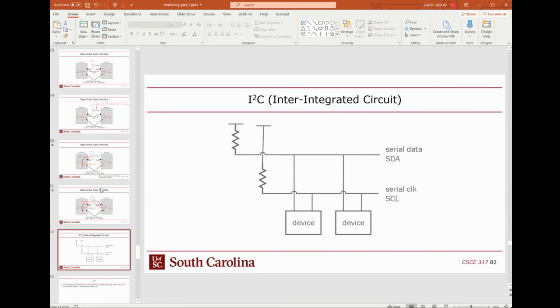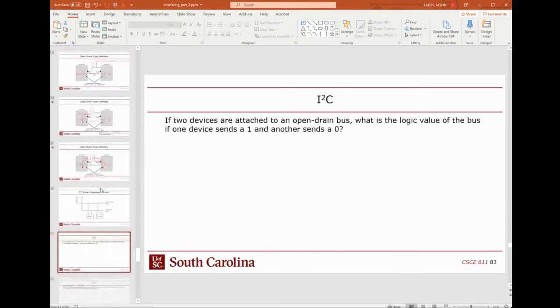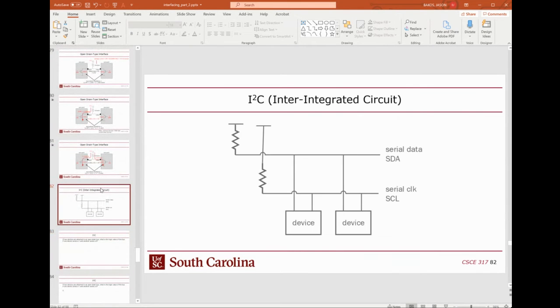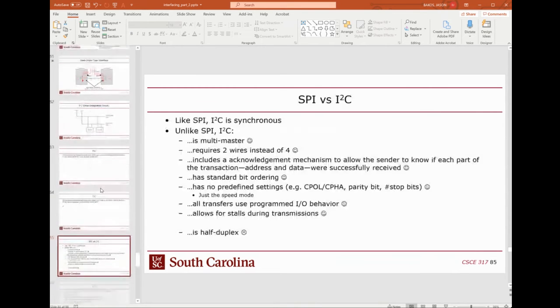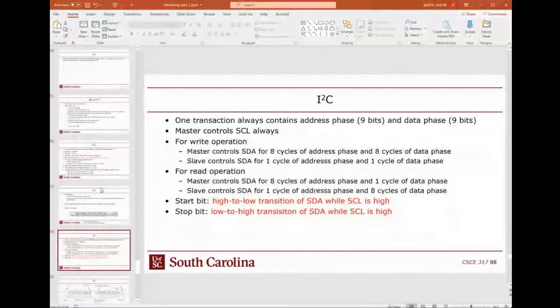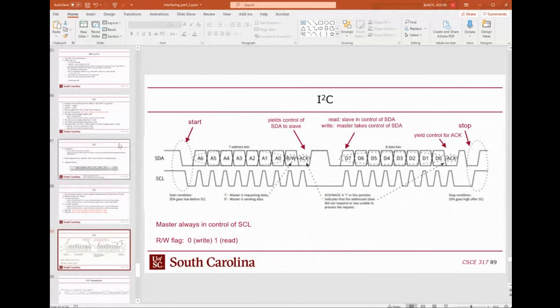And that's the reason why I2C has this fairly strange way of doing start bits. Instead of a start bit, it's kind of a start condition. Specifically, the start condition is when you pull the data line from 1 to 0, so you pull it down.